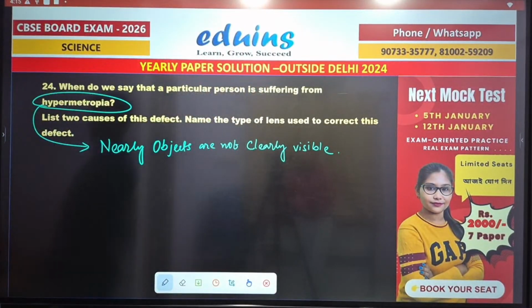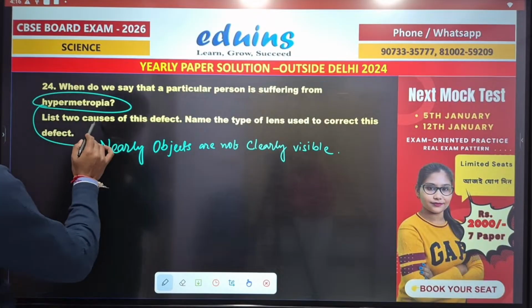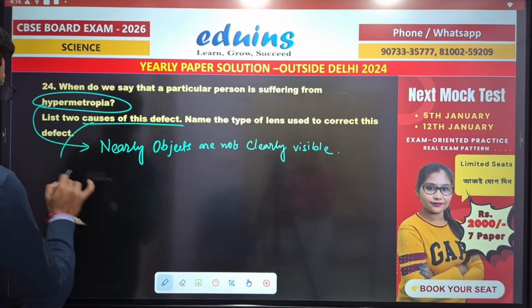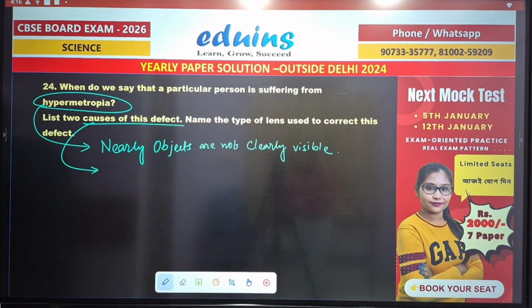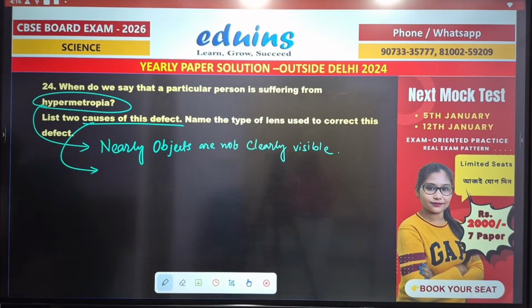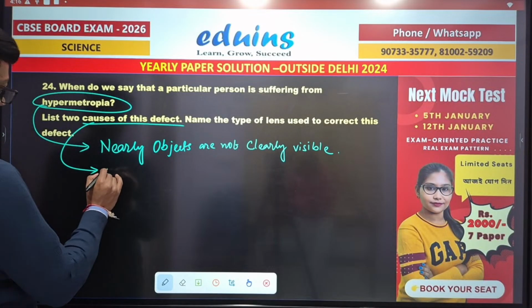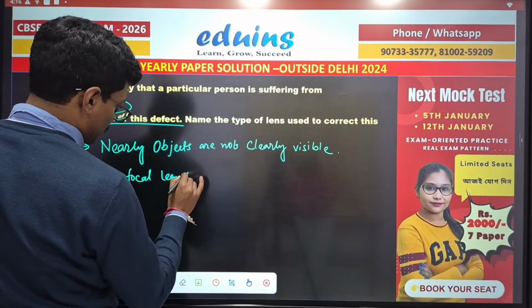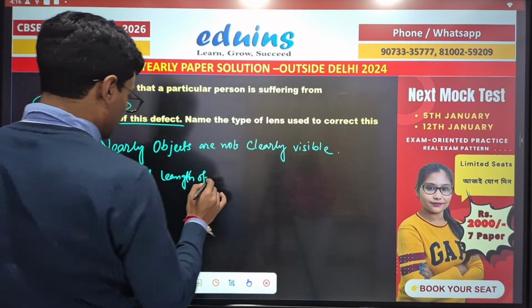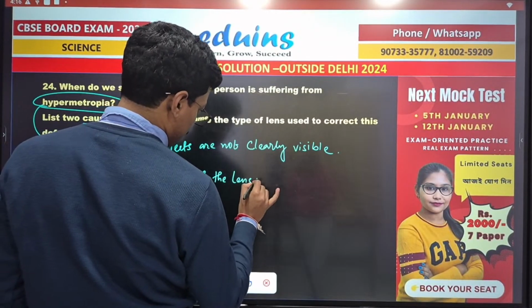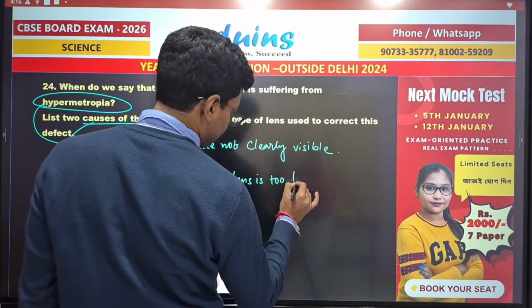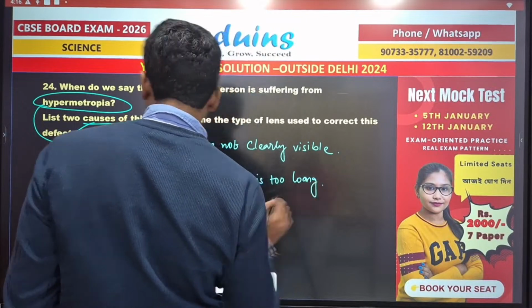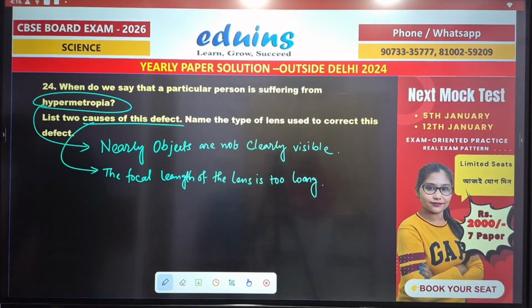Okay. So the next question is to list two causes of this defect. What are the causes? What Arjun said, that is the focal length of the lens is too long. The focal length of the lens is too long. What will be another one?